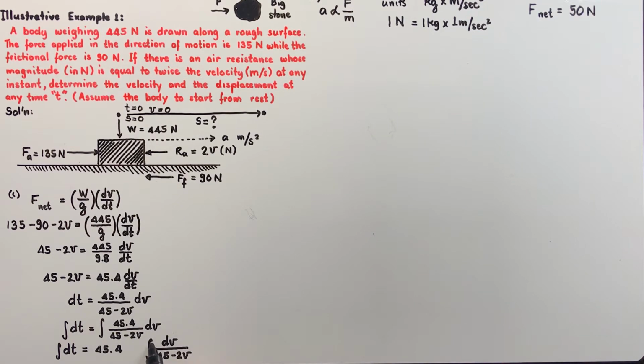So we need to supply negative 2 dv there, and to have a neutralizing factor because of that negative 2, we need to multiply by negative 1/2 also outside the integral symbol, so that negative 1/2 times negative 2, the product is positive 1, as if we have done nothing to the original integral.